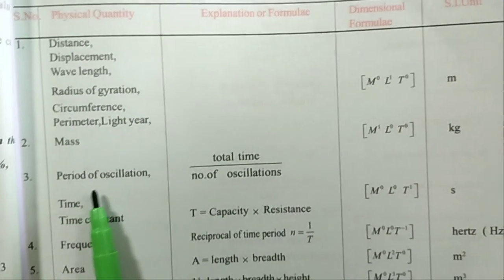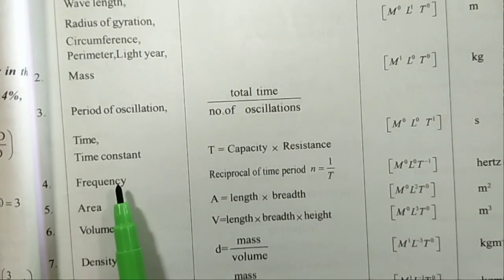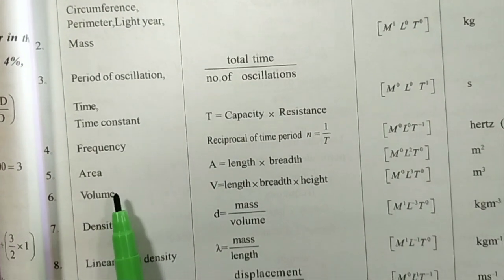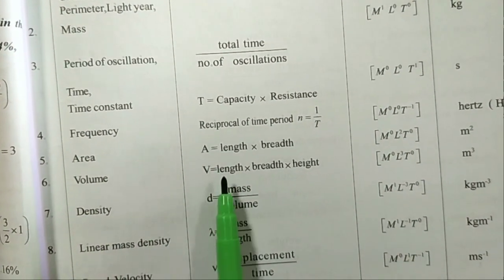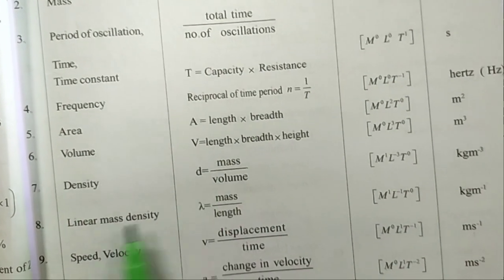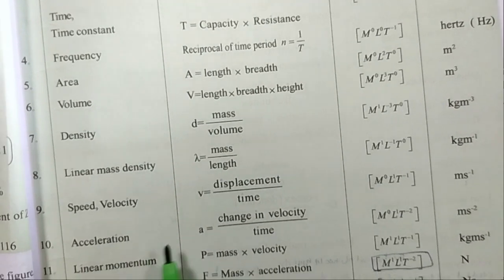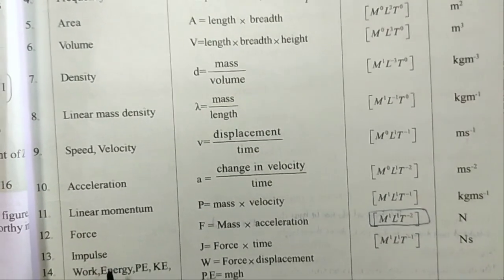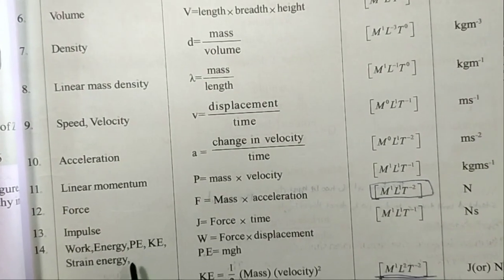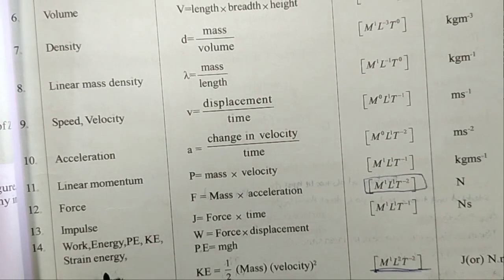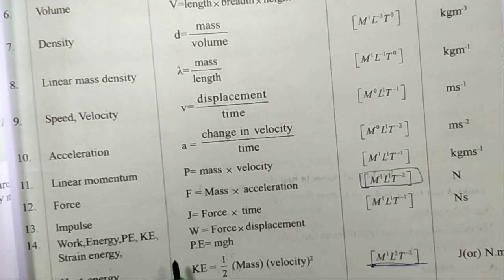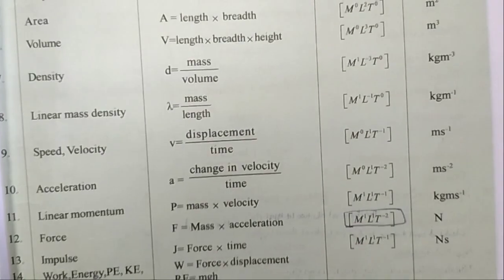And here period of oscillations, time constant, frequency, area formula, volume formula, density formula, linear mass density, speed and velocity, acceleration, linear momentum, force, impulse, work, energy, potential energy, kinetic energy, strain energy, heat energy. These are all derived quantities.